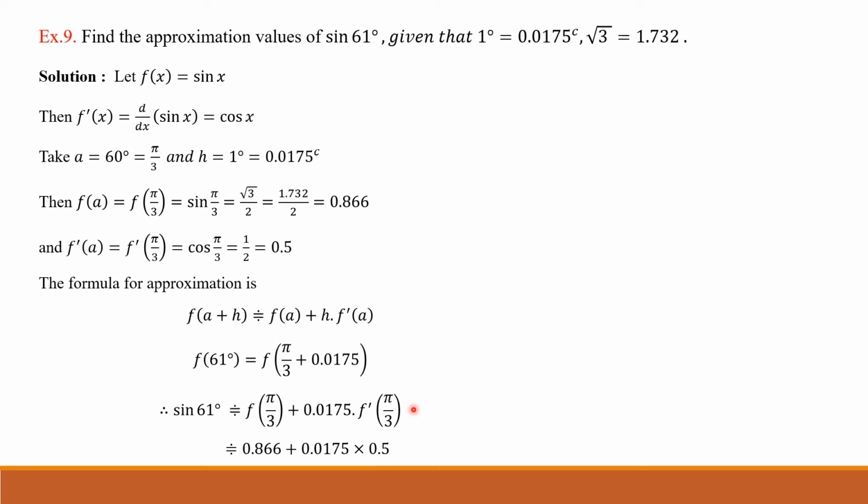Value of f dash of pi by 3 is 0.5, equal to 0.866 plus, multiplying, we get 0.00875. Taking addition, we get 0.8747. Hence, the value of approximation of sine of 61 degree is 0.8747.